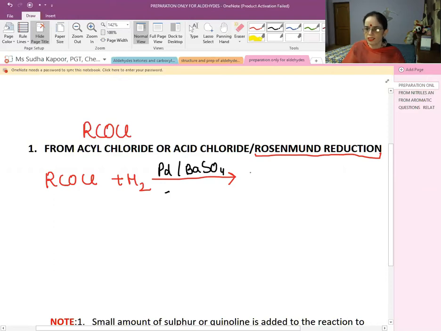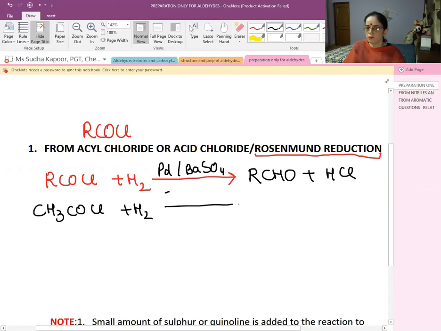What happened with this? Your acid chloride is converted into aldehyde along with the removal of HCl. So RCOCl with hydrogen gives RCHO, aldehyde, plus HCl. Let us take one example here also. CH3COCl undergoes reduction in the presence of Pd and BaSO4, and it gives us CH3CHO along with HCl.